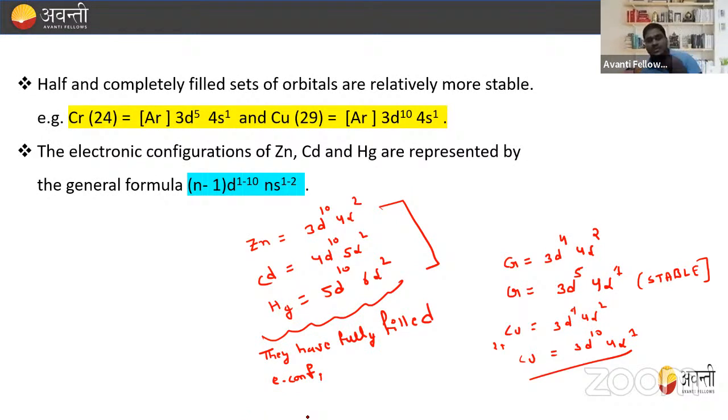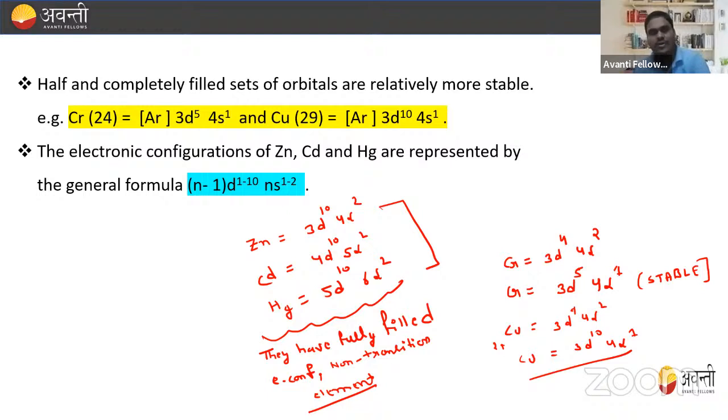Okay, so they have a fully filled electronic configuration, and due to this, they are called non-transition elements. They are called non-transition elements because they do not possess any unpaired electrons. Okay, so that's why they are called non-transition elements.